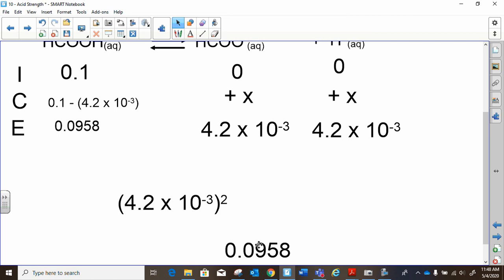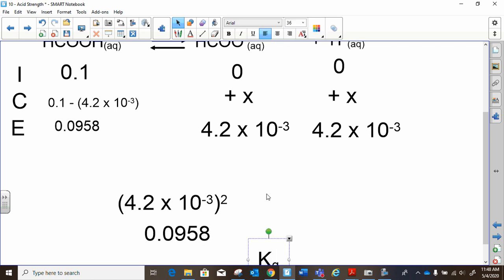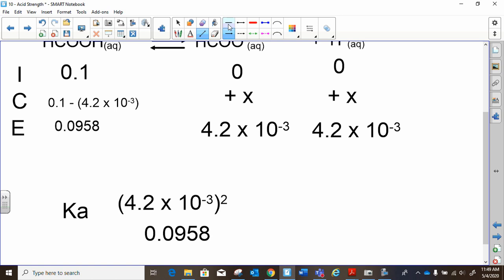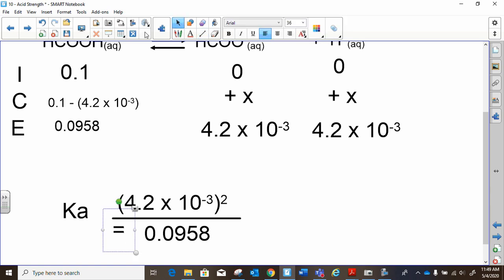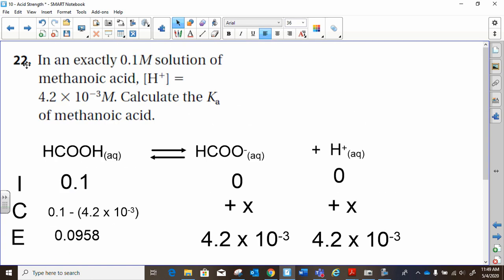And that's going to give us our Ka value. And this was actually one of the questions from your textbook, so you can triple check and see what the answer is in your textbook. And let me just draw in a beautiful little line here to complete that and put in my equal sign. Okay, so this is question 22 on page 611.